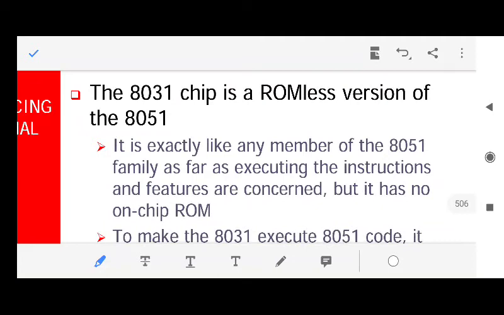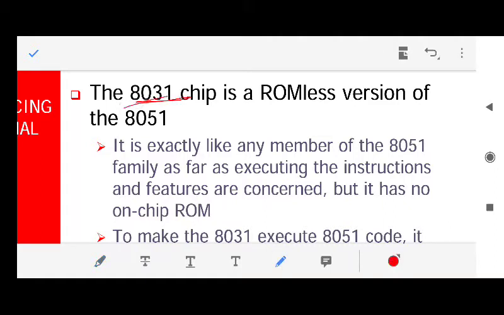We will directly come to the 8031. Actually, the 8051 has a number of versions. When we were starting the course in the classroom itself, I already told you that the 8051 has a number of versions depending upon the type of ROM on the chip. The 8051 has a ROM-less version where there is no ROM on the IC, that is known as 8031. 8031 doesn't have any ROM on the IC.